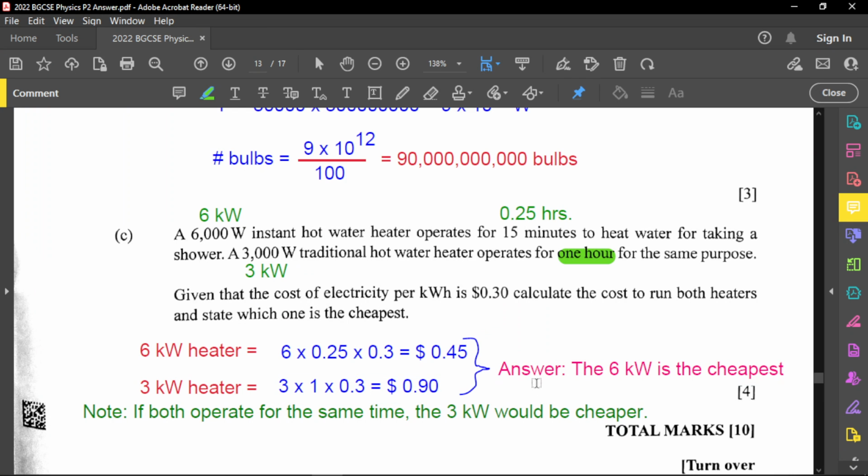And so based on the answer, the 6 kilowatt heater will be the cheapest one. Matter of fact, it is half the value of the 3 kilowatt. However, point to note, if both operate for the same time, then the 3 kilowatt would be the cheaper one.